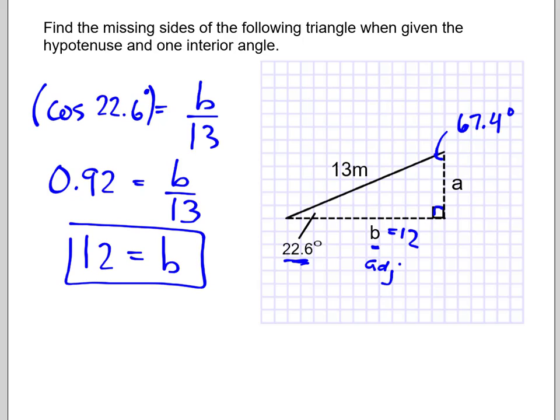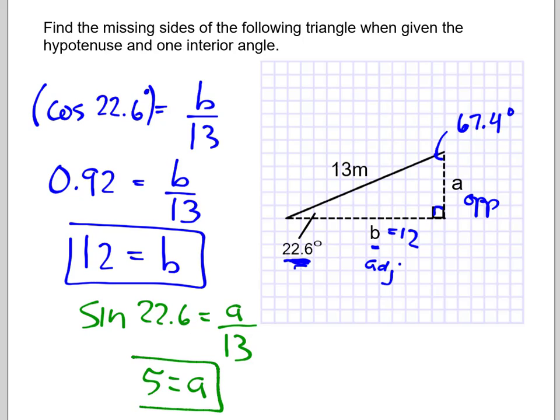If we want to go after A, this is the opposite to this 22.6. So we could use sine of 22.6 equals A over 13. And if you do the same thing, times that by 13, you should get 5 as your A value.